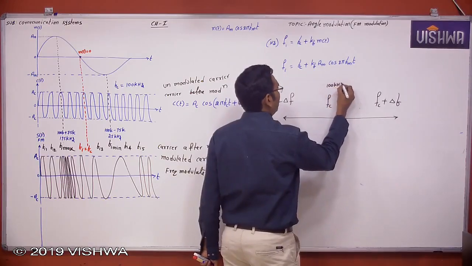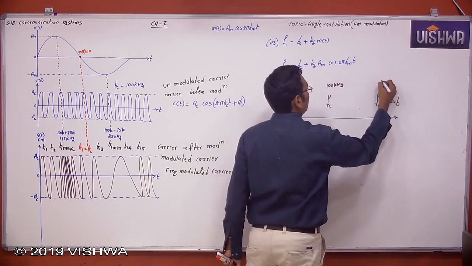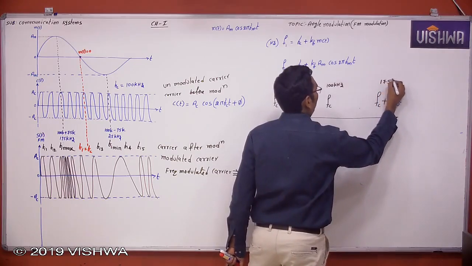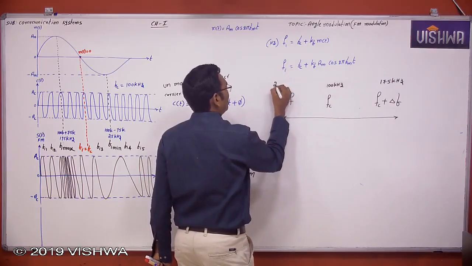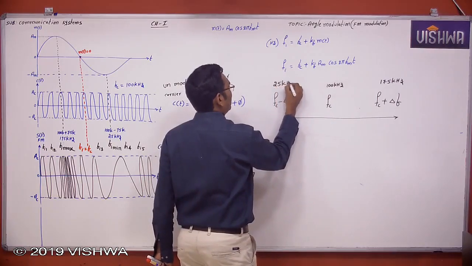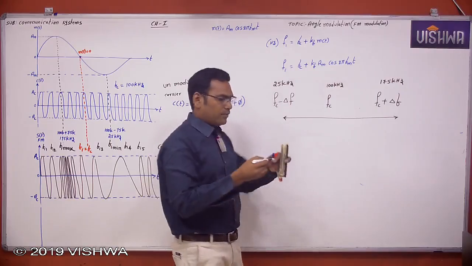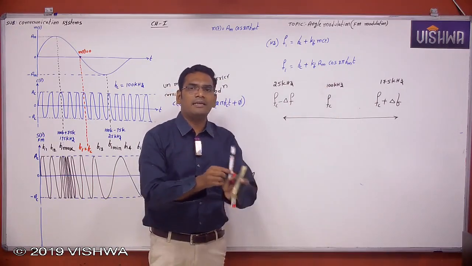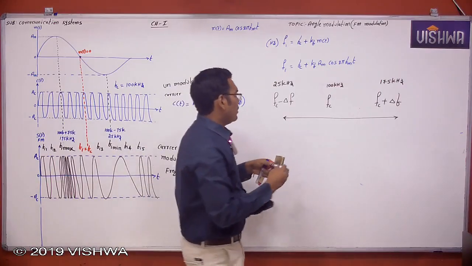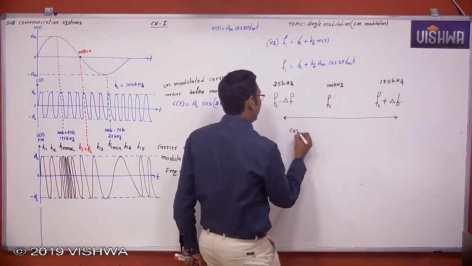The maximum is 100 plus 75, 175 kHz, and the minimum is 100 minus 75, which is 25 kHz. So the carrier frequency is changing from Fc minus delta F to Fc plus delta F. Now this is called the carrier swing.